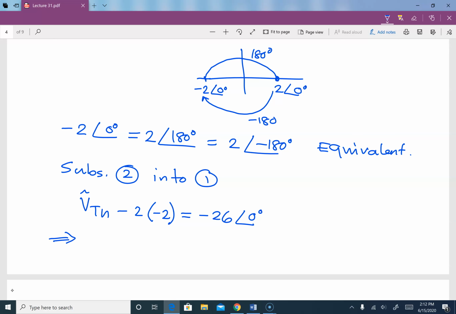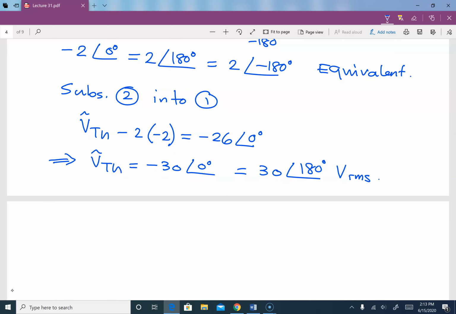So from that, our V Thevenin is equal to negative 30 with angle 0, and that is equal to 30 with angle 180 degrees volt RMS.